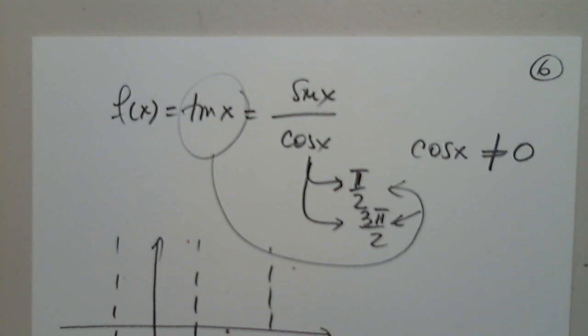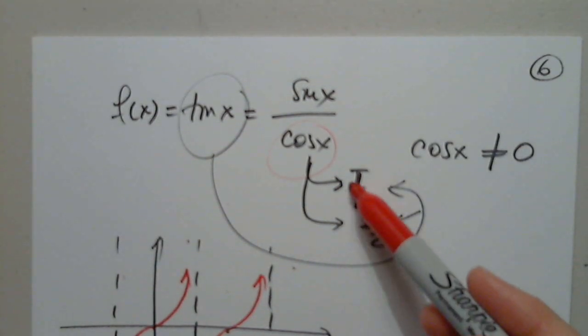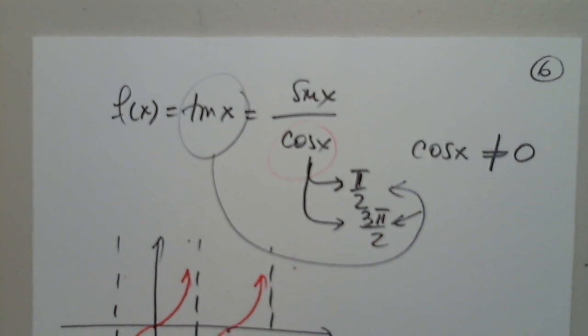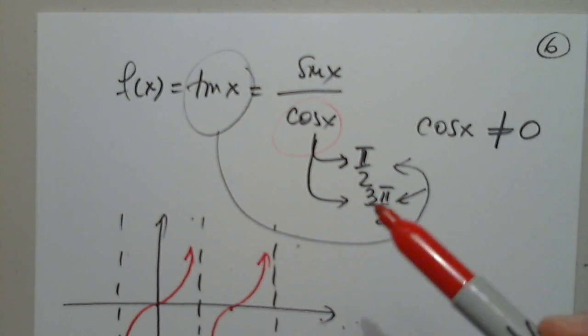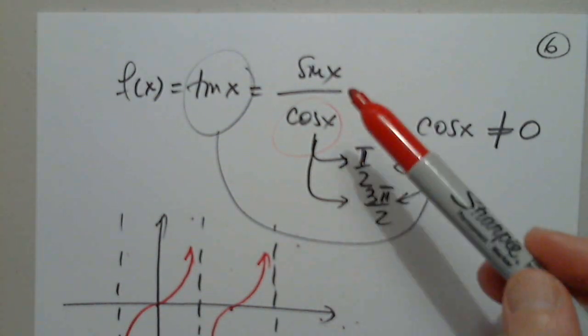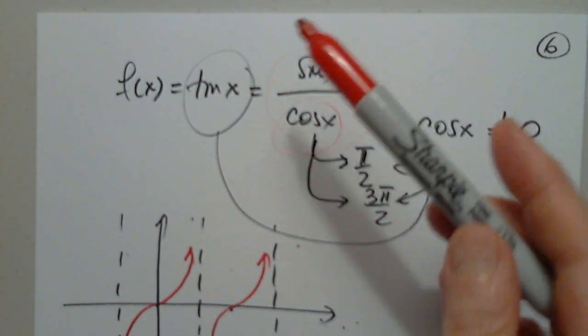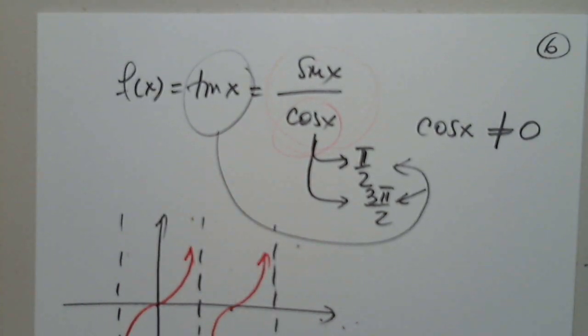And it goes on forever, left and right. So then I graph tangent. Because the denominator is 0 at pi over 2 and 3 pi over 2. So this is negative pi over 2, pi over 2, 3 pi over 2, and so on. Because cosine is 0, the whole fraction is undefined. That's when we get the vertical asymptotes.